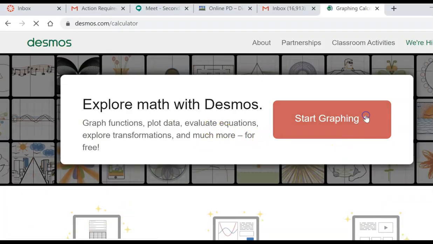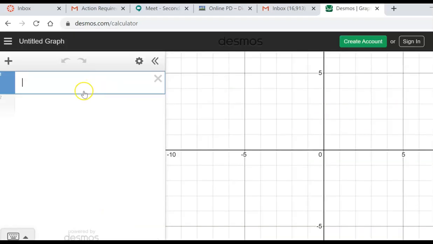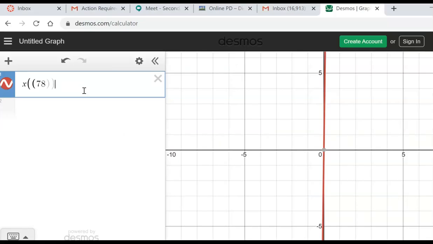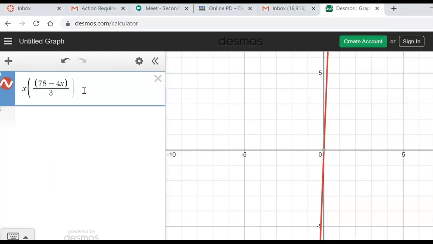We enter x, parentheses, and inside that another set of parentheses, 78 minus 4x, and that's all divided by 3.